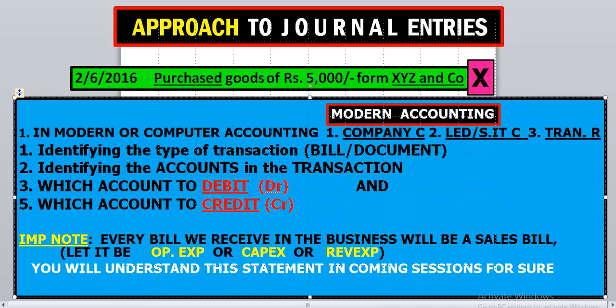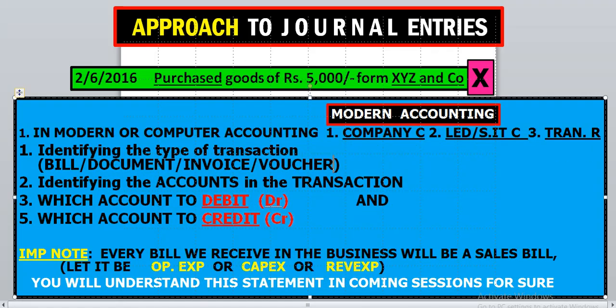I have written it very clearly over here: bill or document or invoice or voucher. So these are the four different names. It will be in the form of bill or document or invoice or voucher.